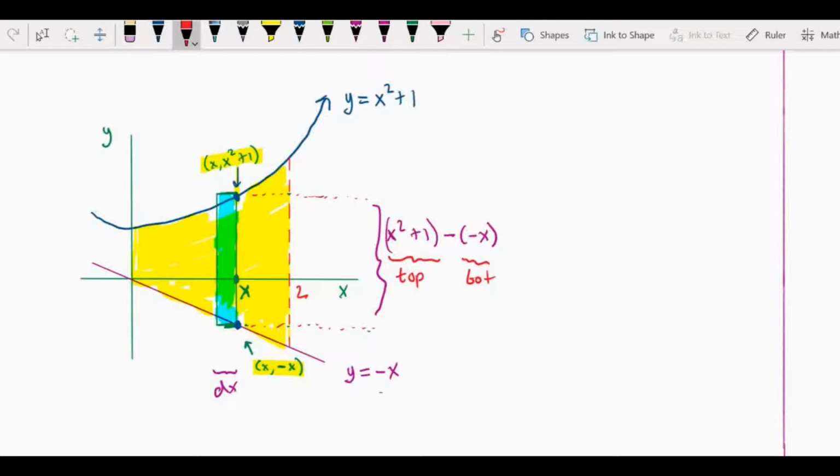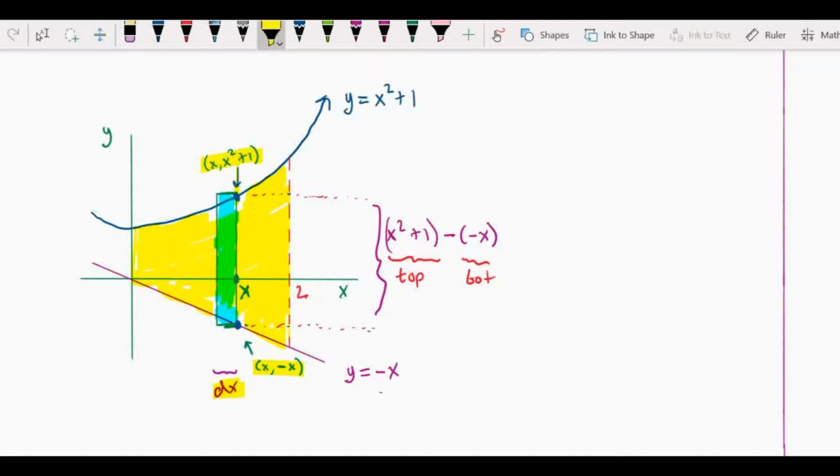As long as you take top minus bottom, what you're going to get is a positive number that gives you the vertical distance between the two. So for this typical rectangle, its width is still going to be dx, and its height is x squared plus 1 minus negative x.